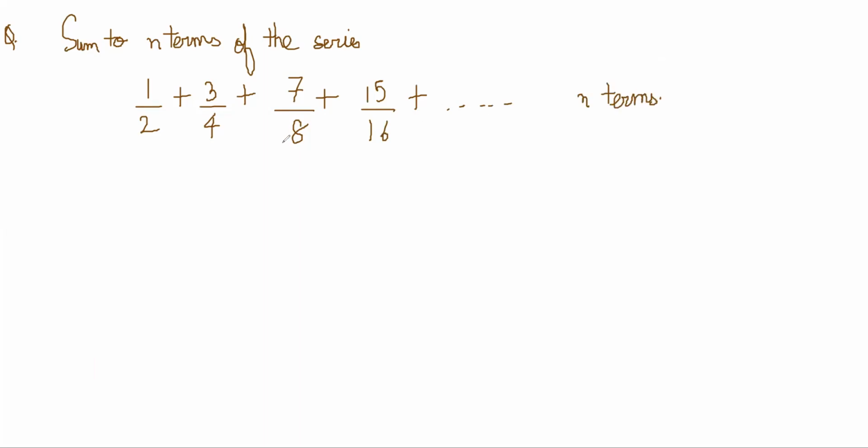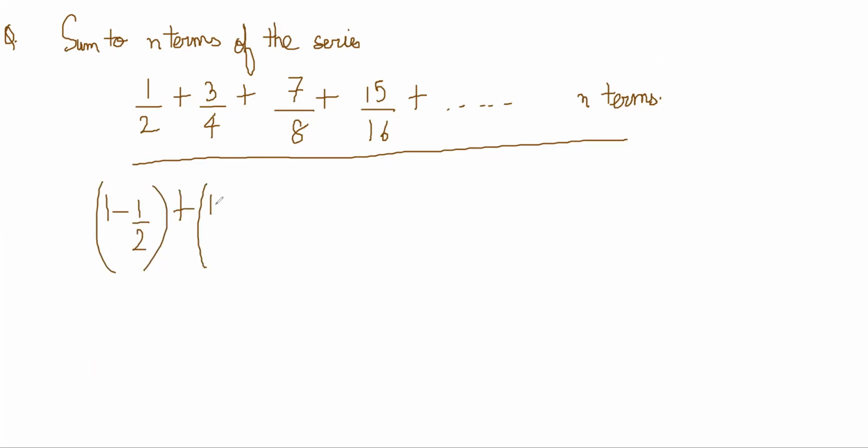Now this is easy because you can notice something special about these numbers. Half can be written as 1 minus half. This can be written as 1 minus 1 by 4. Third one can be written as 1 minus 1 by 8.